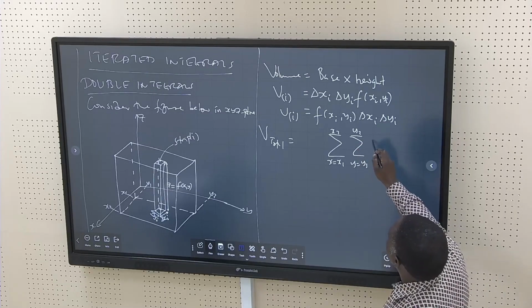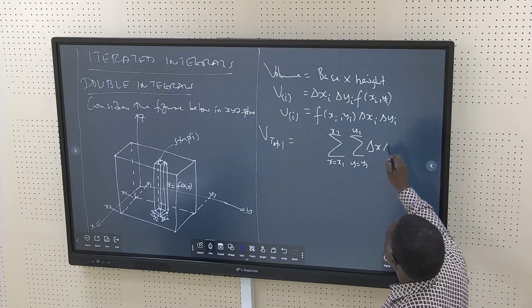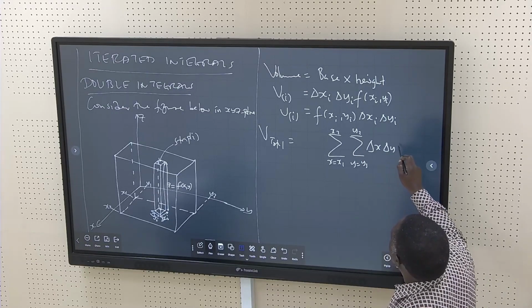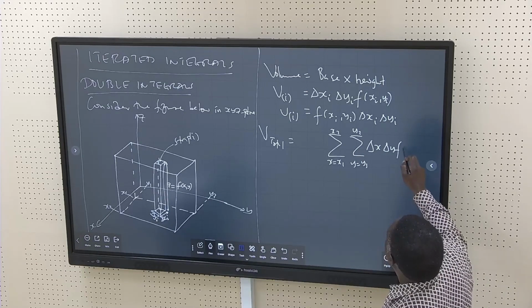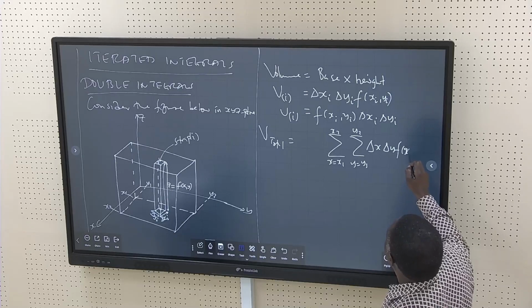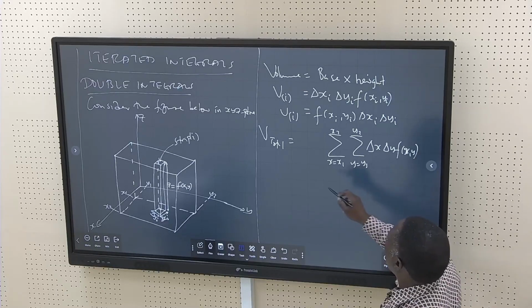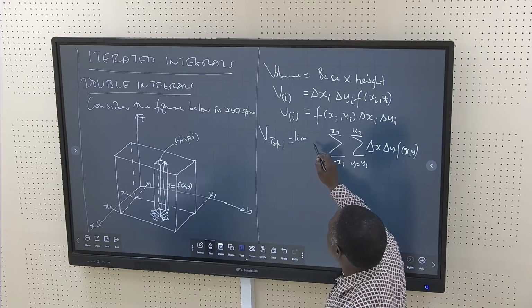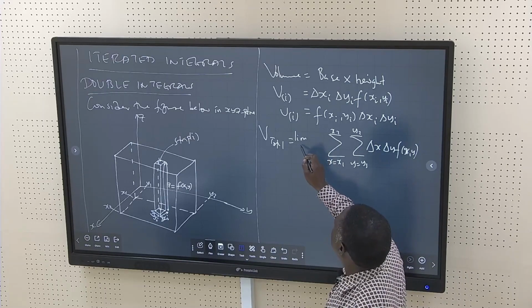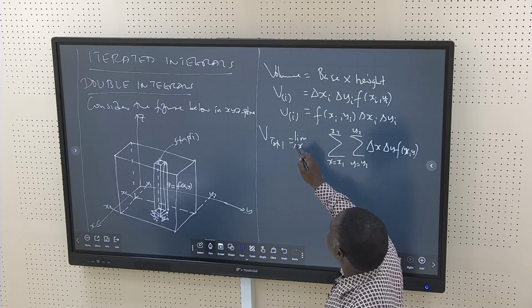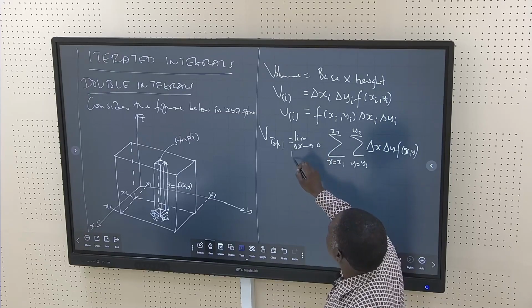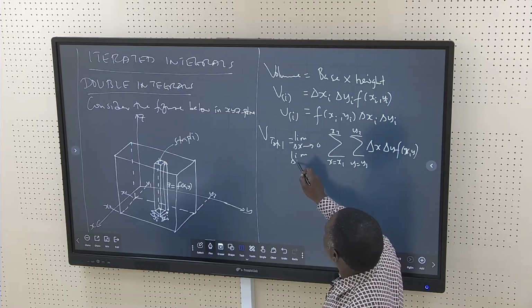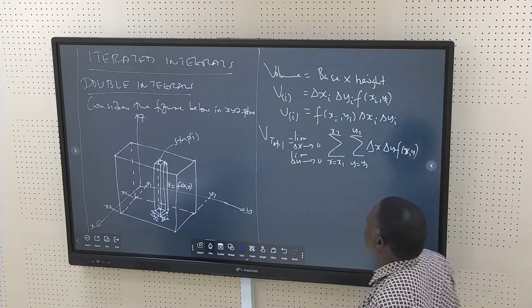The base area, delta x delta y, multiplied by z, which is f of x, y. But we need to know that the limit as delta x approaches 0, and the limit as delta y approaches 0.